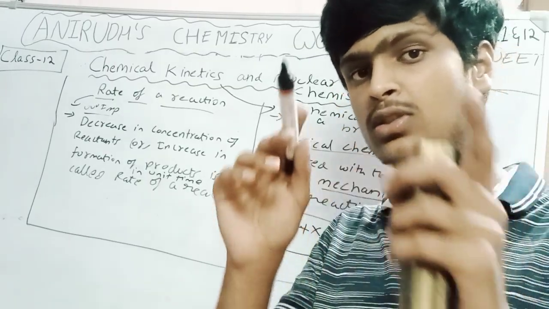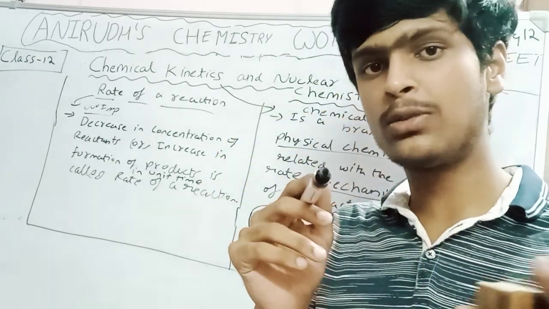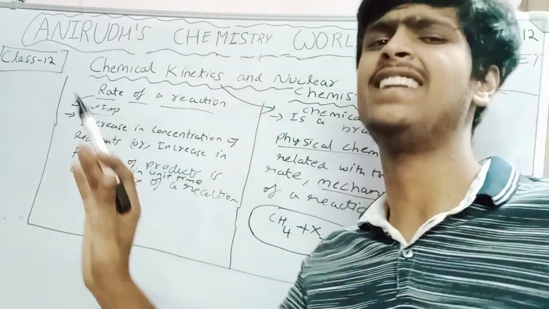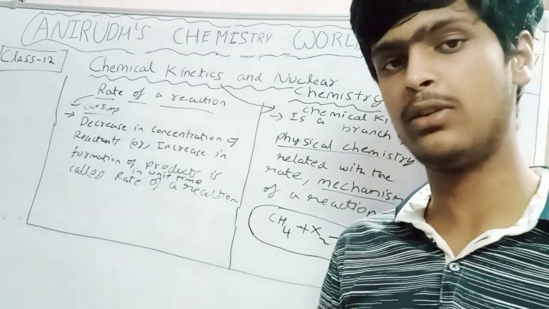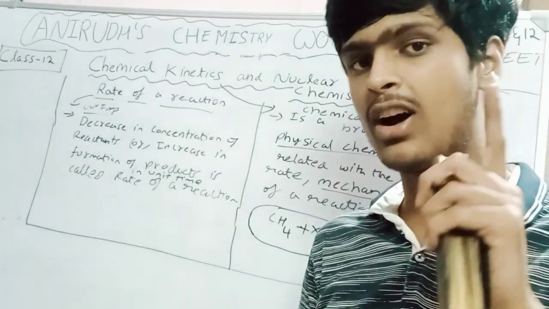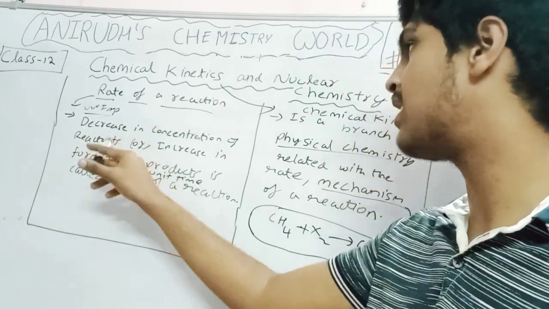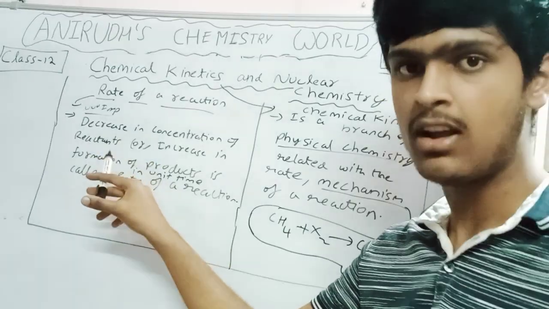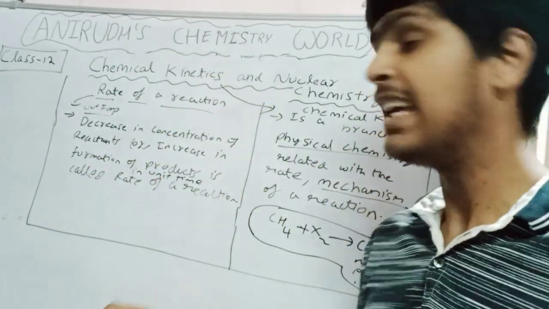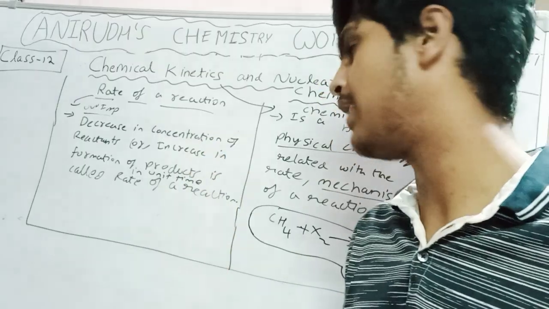Speed is equal to distance by time; similarly, here rate is equal to concentration by time. This is the proper definition. So the rate of reaction is the decrease in the concentration of reactants or increase in the formation of products in unit time, in 1 second.